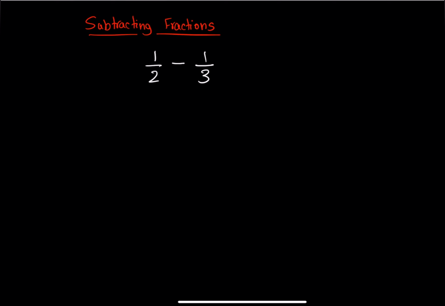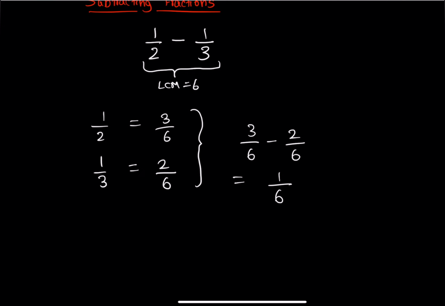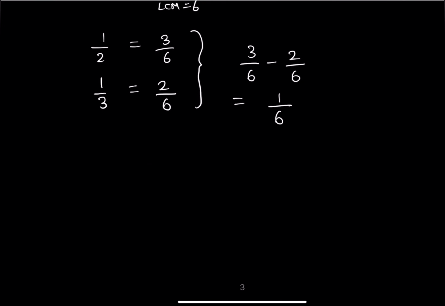We would find the LCM of 2 and 3, which gives us 6. So 1 by 2 is the same thing as 3 by 6, while 1 by 3 is the same thing as 2 by 6. So we're going to subtract these fractions, which gives us 3 by 6 minus 2 by 6, which gives us 1 by 6. So our answer to 1 by 2 minus 1 by 3 gives us 1 by 6.